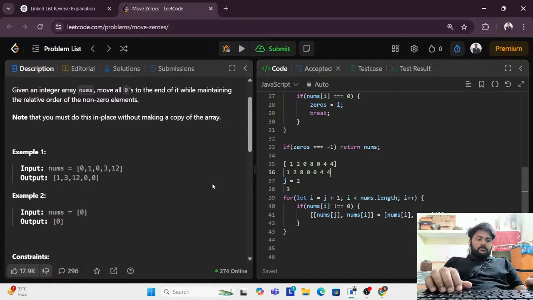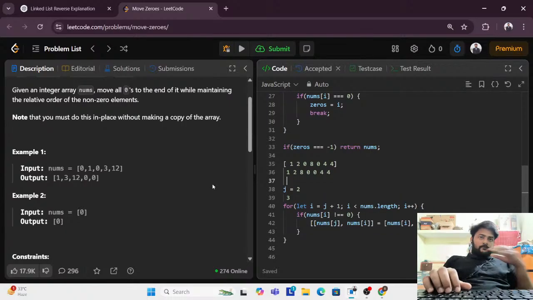And again, it started from the 2 and 3 and now it is 4. Now it will become 0, 1, 2, 3, 4, right? Because j is already on 2.